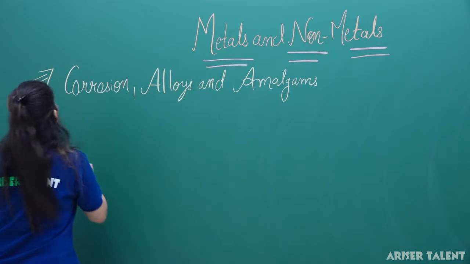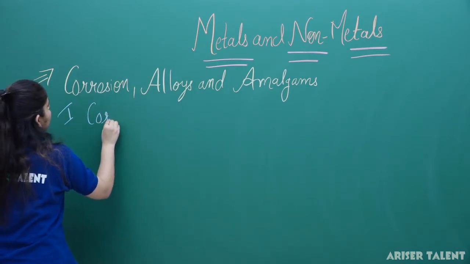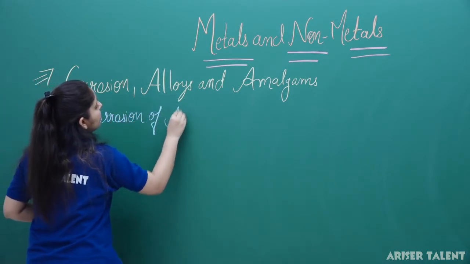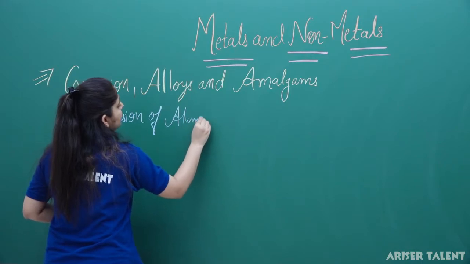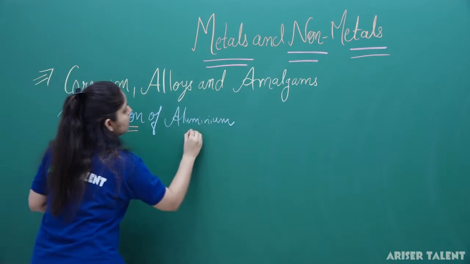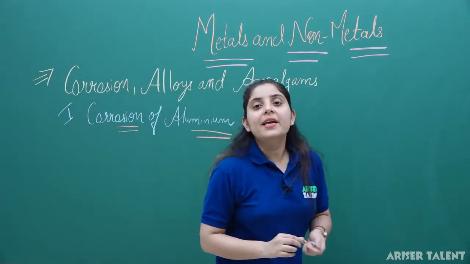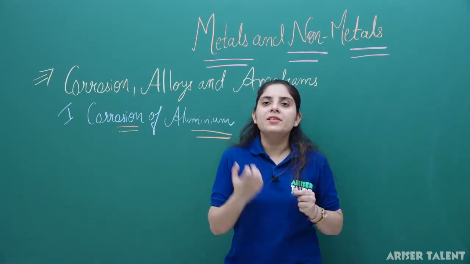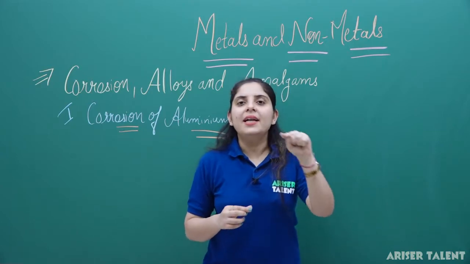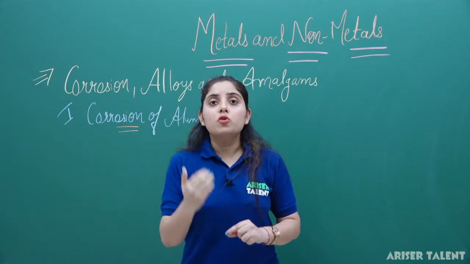Our next topic is corrosion of aluminium. In case of corrosion of aluminium, when aluminium is exposed to air, it reacts with oxygen to form an oxide layer of Al2O3 on the surface.